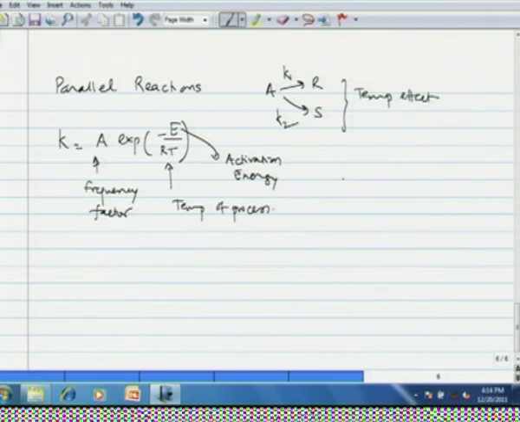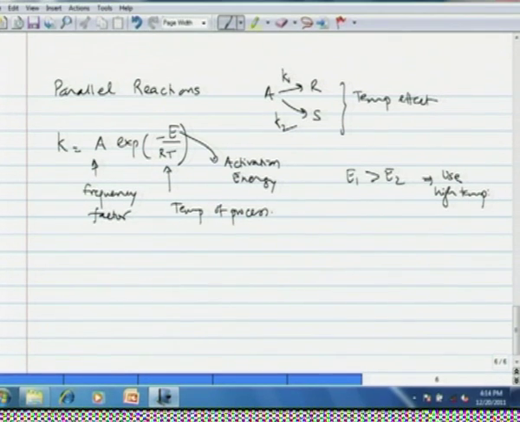R is the gas constant, and T is the temperature of the process. Now, if E1 is greater than E2, if the activation energy for the A to R reaction is higher than the activation energy for the A to S reaction, use of high temperature will favor the desired product, because due to high E1 the rate will increase faster with temperature compared to the second reaction.